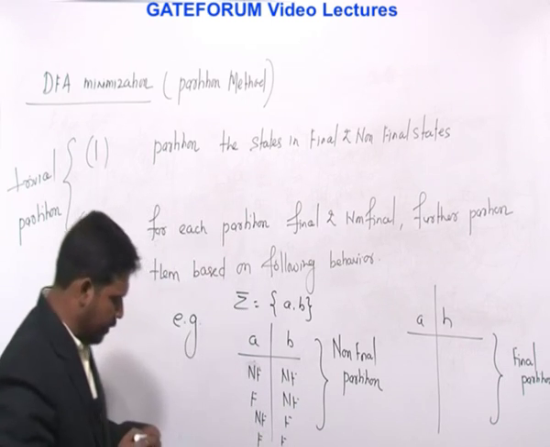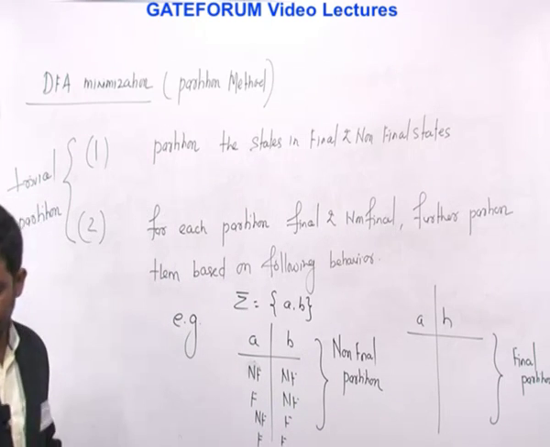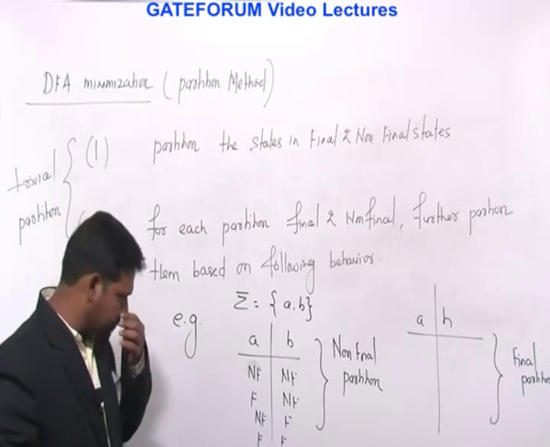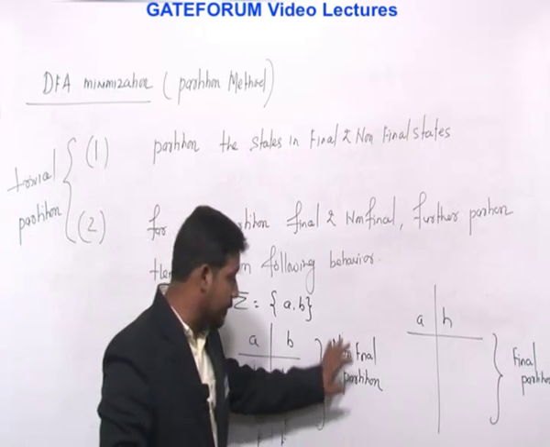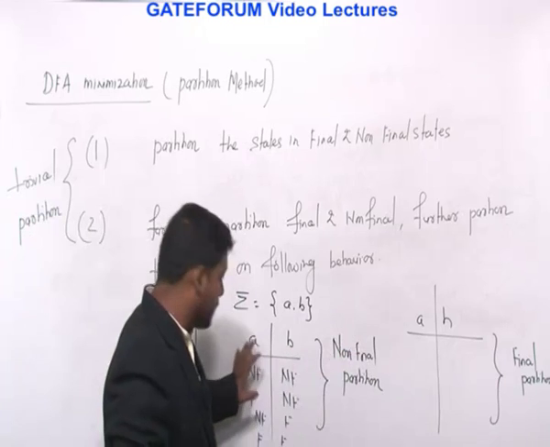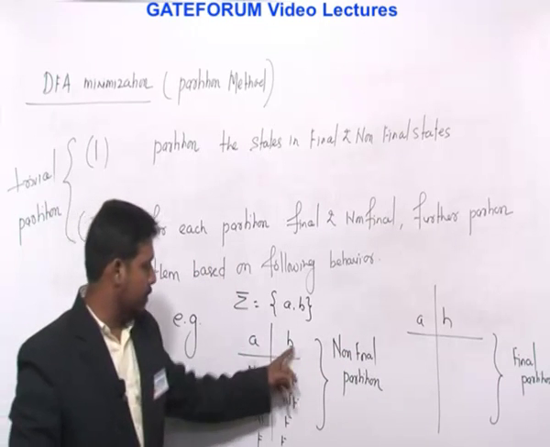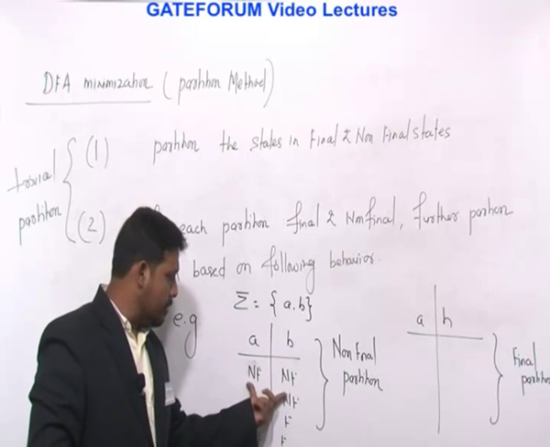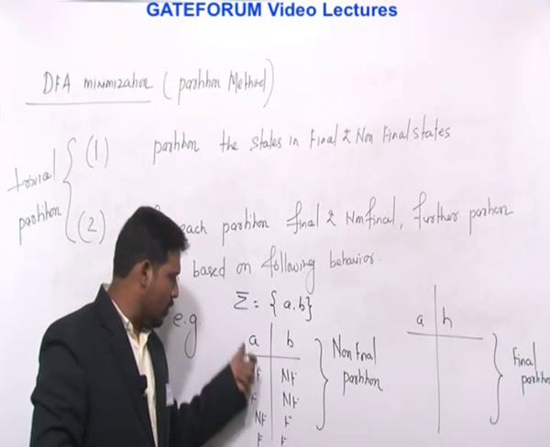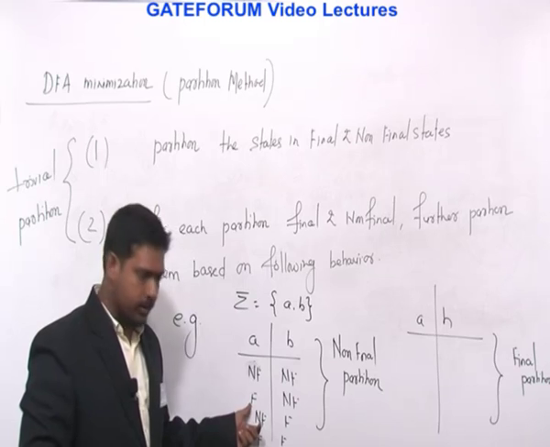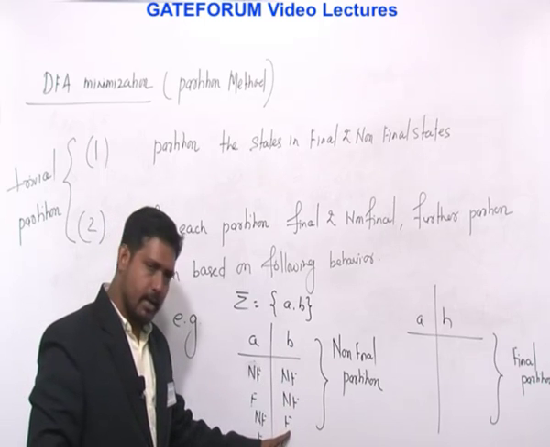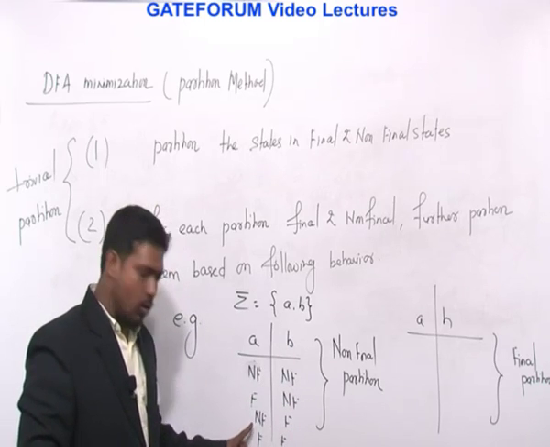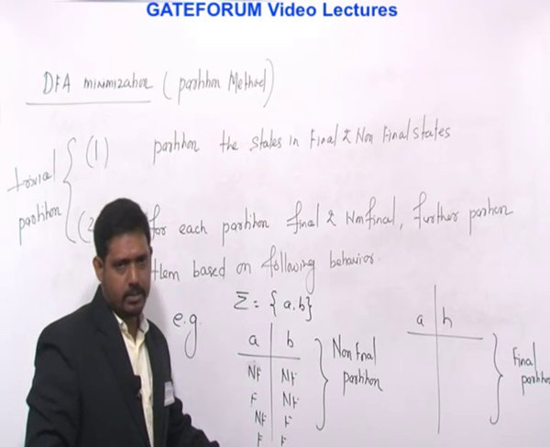Meaning is that you examine your states, and examine the non-final partition in this behavior: whether both inputs are going to a non-final state, that is one partition. The second behavior is on A going to a final state and on B going to a non-final state, or A non-final and B final, or both inputs going to a final state.